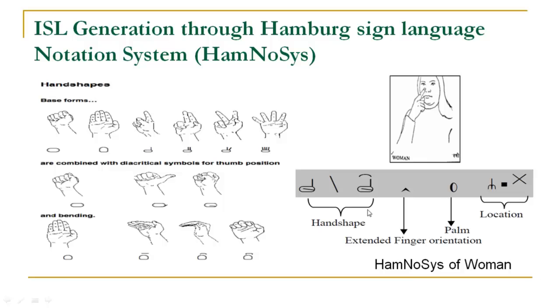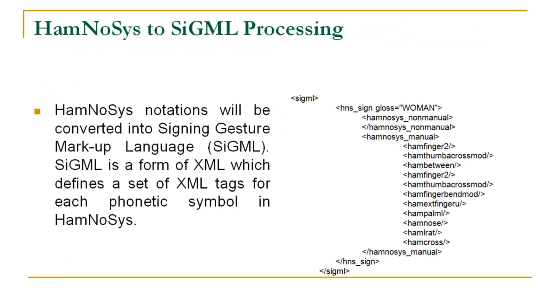So the important task in this project is to generate the HamNoSys for each and every word used in a language. For example, we need to store woman with its corresponding HamNoSys notation. Then these HamNoSys notations are converted to another form known as Signing Gesture Markup Language, SiGML. This SiGML representation is similar to XML and can be processed by computer.